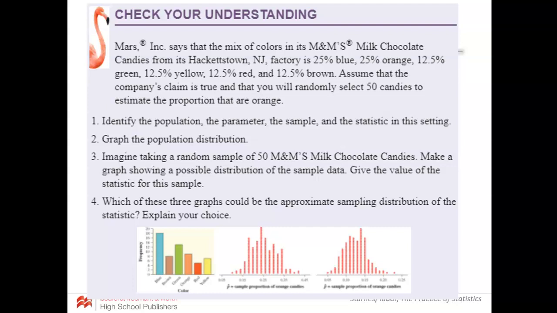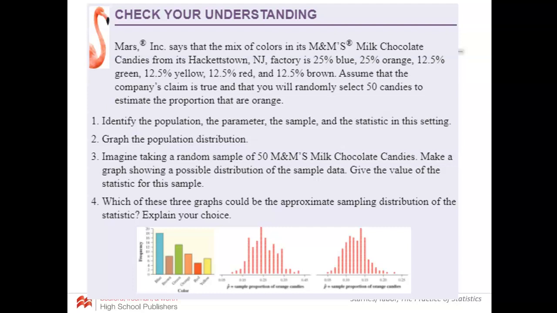All right, so assume that the company's claim is true and that you will randomly select 50 candies to estimate the proportion that are orange. Our first question is we're going to identify the population, the parameter, the sample, and the statistic, like we did early on in the lesson. Now this next one says graph the population distribution. I went ahead and gave you this on your student notes, because it's a time-consuming thing to make the graph.